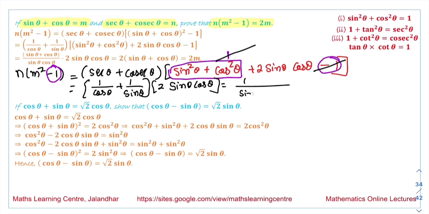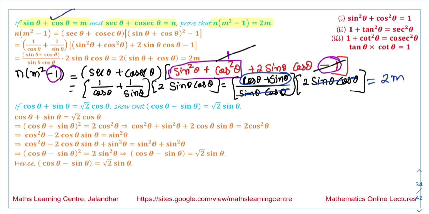If we take sin theta cos theta as LCM, we are left with cos theta plus sin theta into 2 times sin theta cos theta. This sin theta cos theta gets cancelled, and cos theta plus sin theta is equal to m. So the answer we are left with is 2m, and this is what we have to prove, that LHS is equal to RHS.